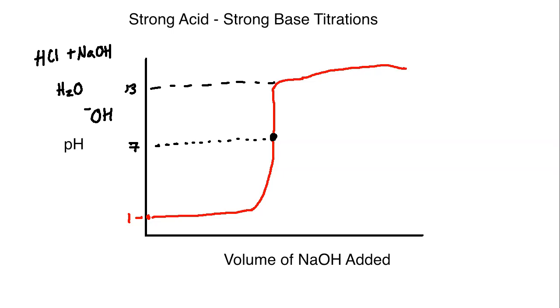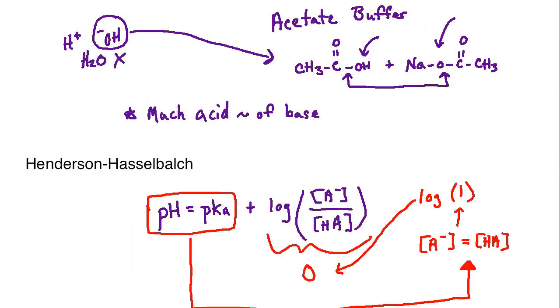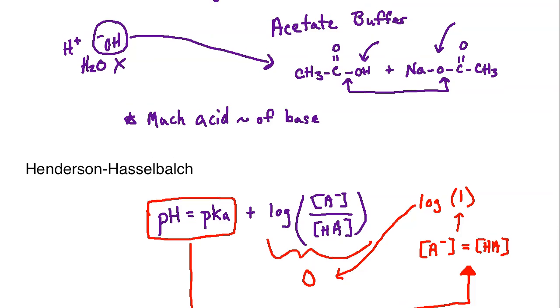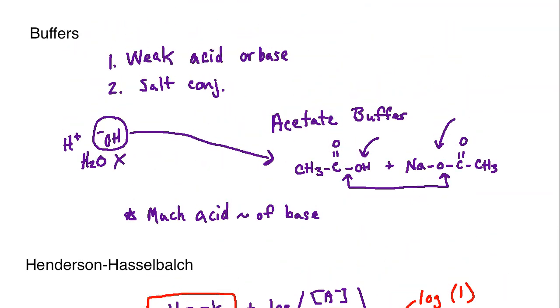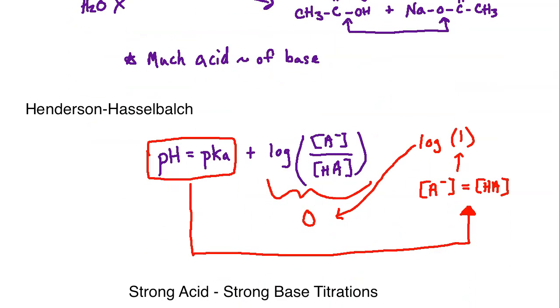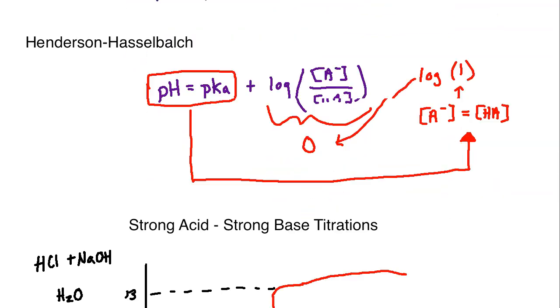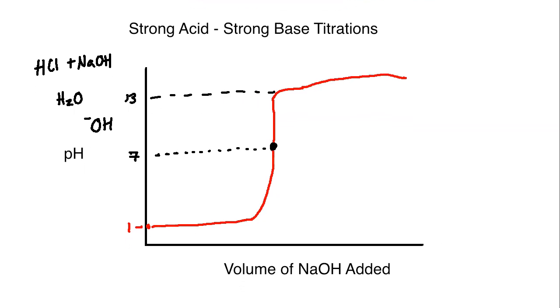We do not have a buffer region, because when we talked about buffers and Henderson-Hasselbalch, we said we needed a weak acid or base. And when we're talking about that, you can see a weak acid and its conjugate appearing in the system. HCl and NaOH are both strong, so we cannot apply the pH-pKa system or any type of buffering in a reaction like this, because it's a forward-moving reaction.